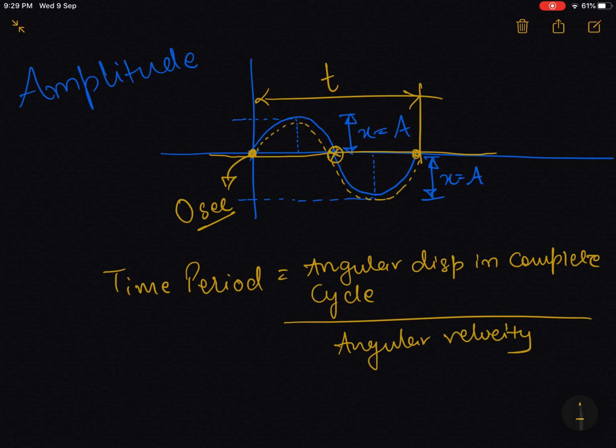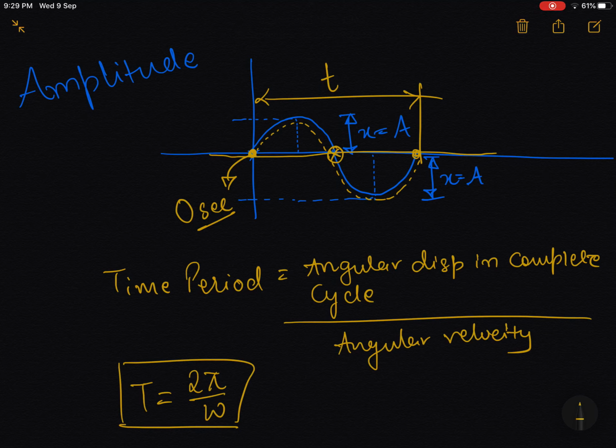So you can note this down: T is equal to 2 pi upon omega. This is also an important formula and definition of time period that you need to note.